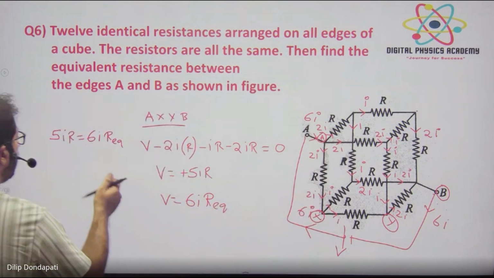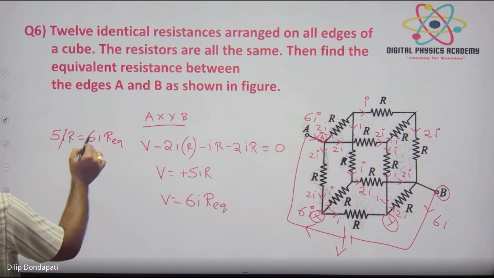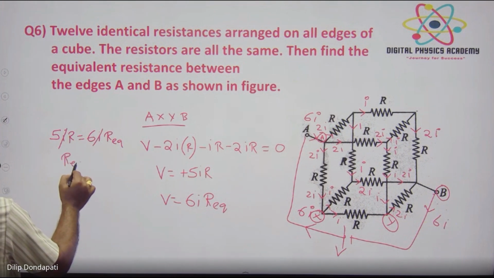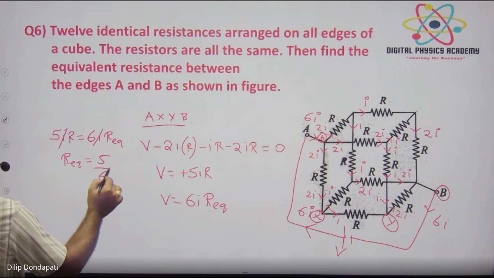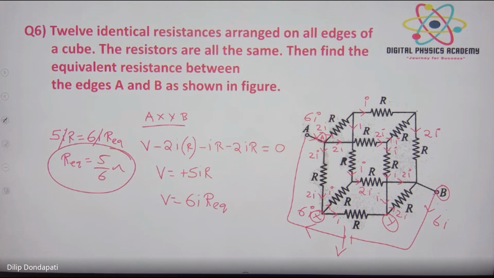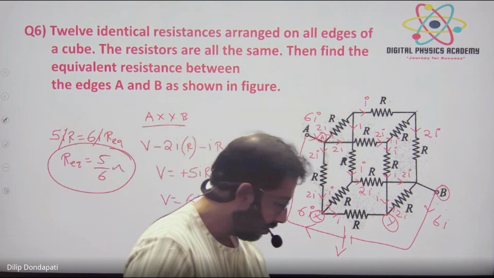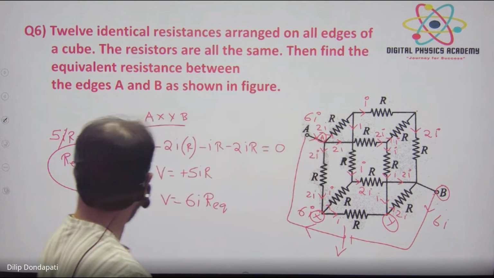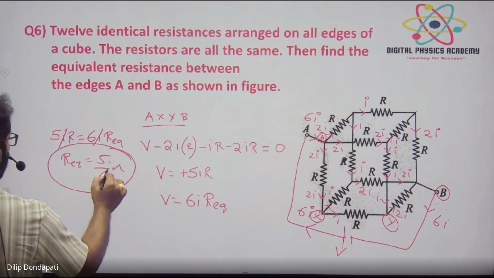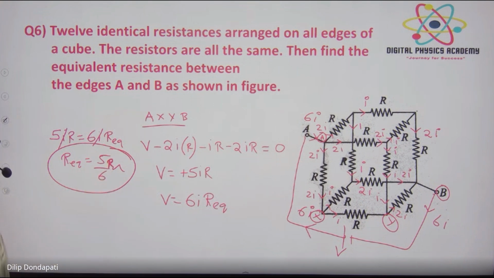That's why I put 6I. So I cancels. R equivalent is equal to 5 by 6 ohms. R equivalent is 5 by 6 R.